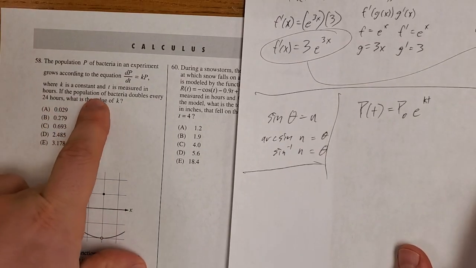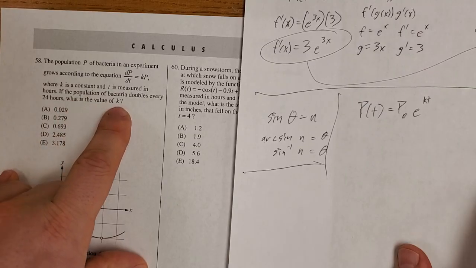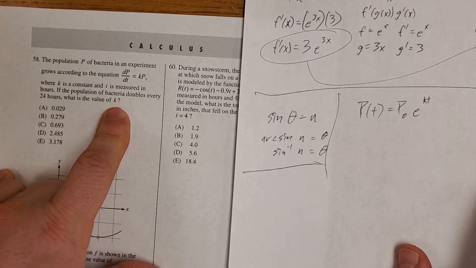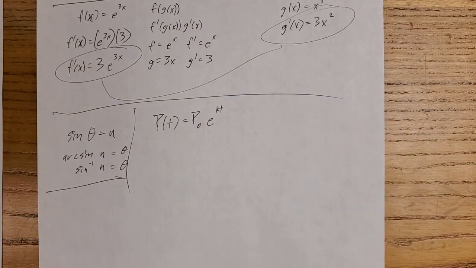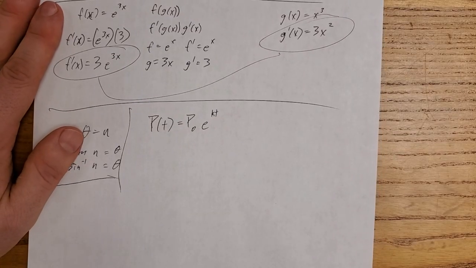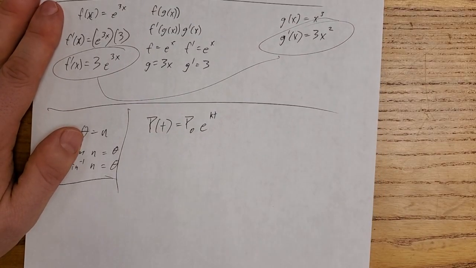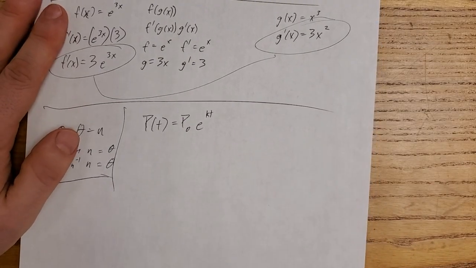now we're saying the population of the bacteria doubles every 24 hours. So what is the value of k? So it doubles. The easy way to think of doubling is it goes from 1 to 2. You could say 2 to 4, you could say 3 to 6, but just 1 and 2 is real easy.